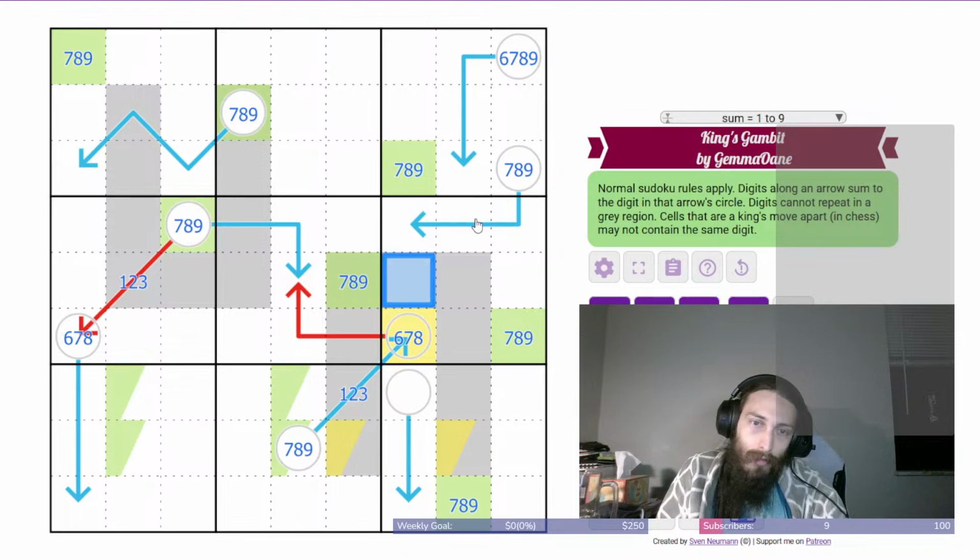Whatever this digit is, it has to be one of the three digits that's on there. This digit isn't as useful as it could be.